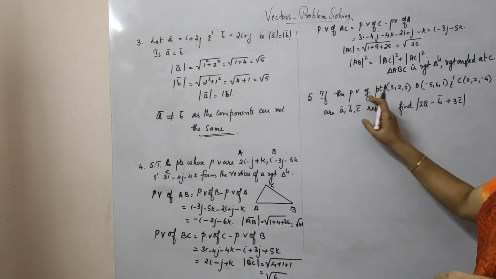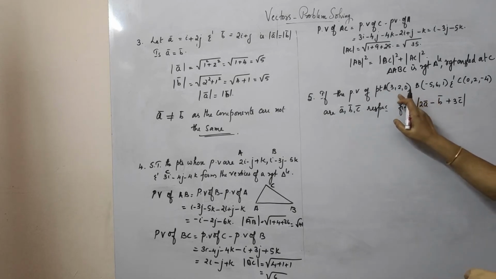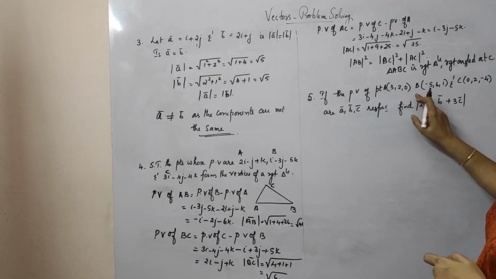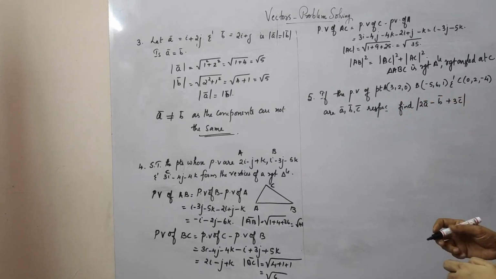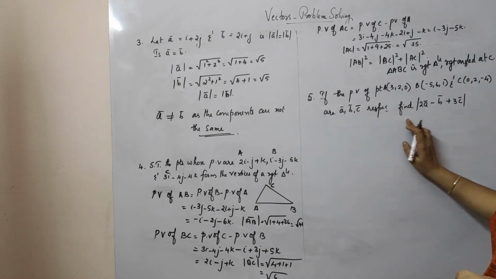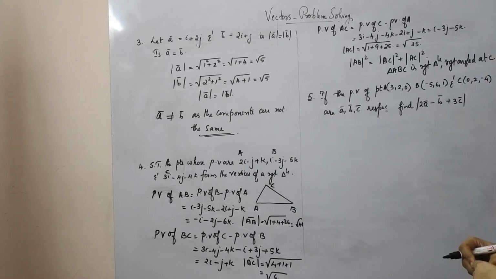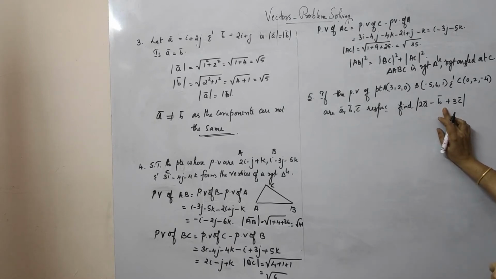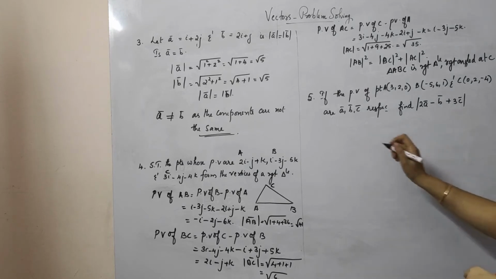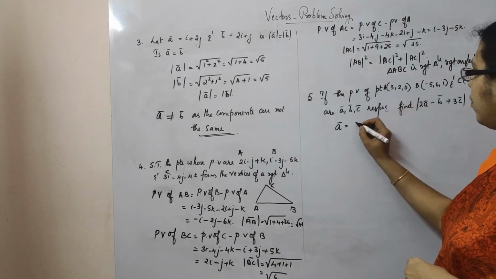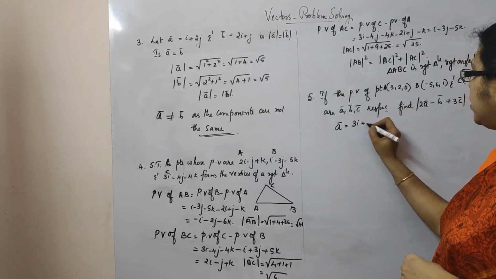Okay. Coming to the next question. If the position vectors of the points A (3, 2, 0), B (minus 5, 6, 1) and C (0, 2, minus 4) are vector A, vector B and vector C respectively, find the magnitude of 2 times vector A minus vector B plus 3 times vector C. So here it is given that vector A is the position vector of A, that is 3i plus 2j.